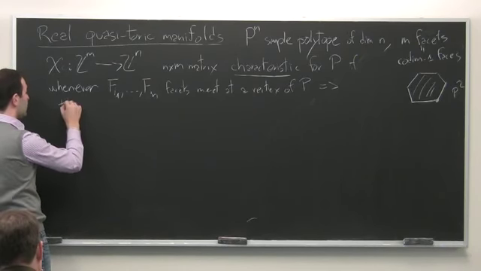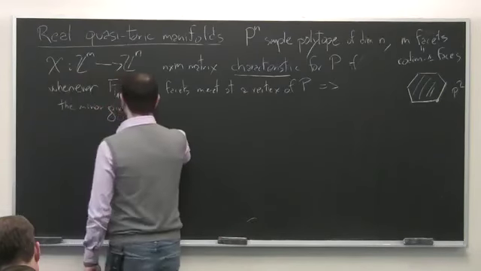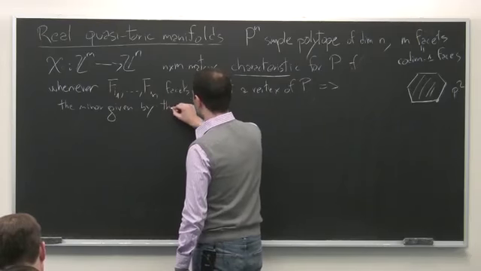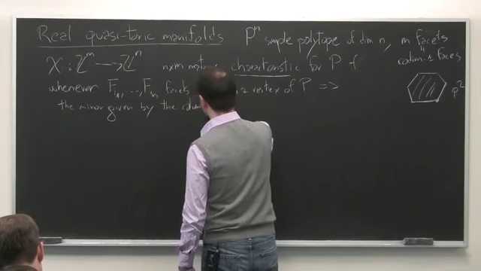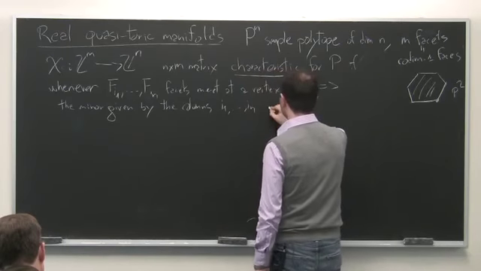So the minor given by the columns I1 to In is unimodular.